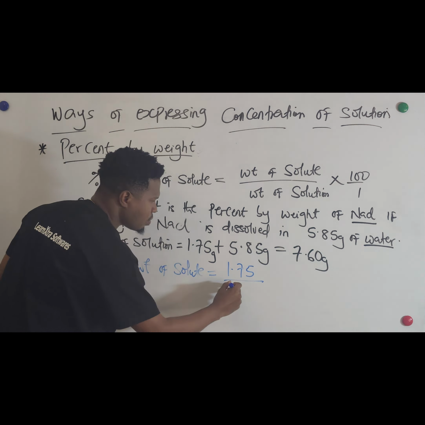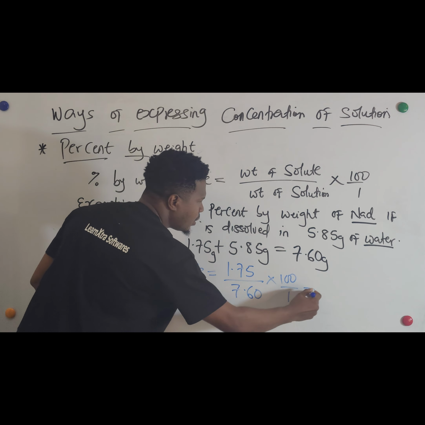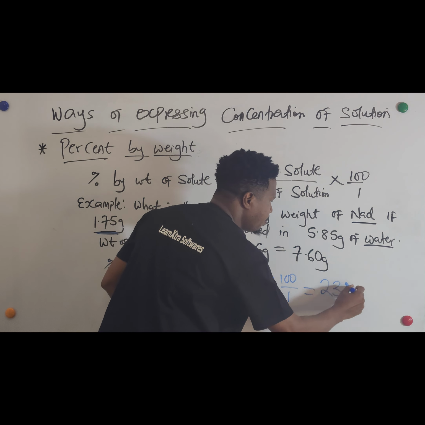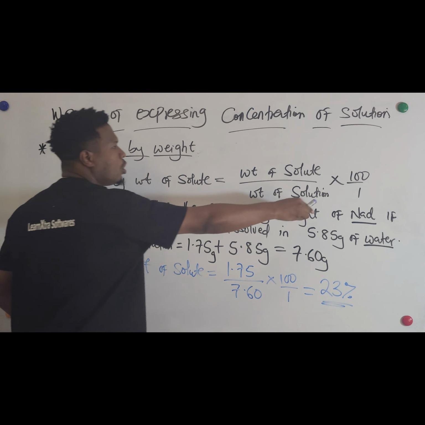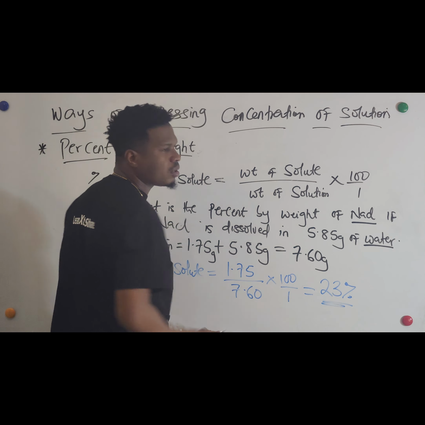Solution is 7.6, so I have 7.60 times 100 over 1. So when you multiply this, you will get 23%. So it means that inside this solution, the percentage of this solute inside this solution is 23 percent.